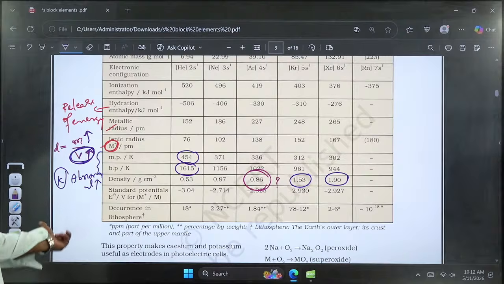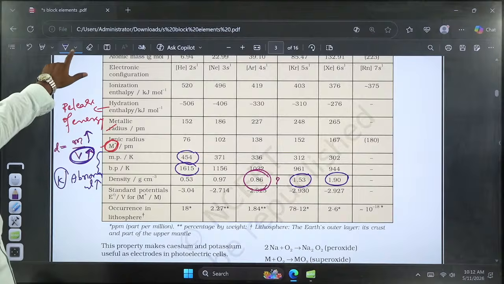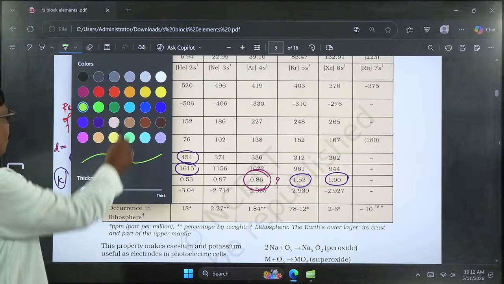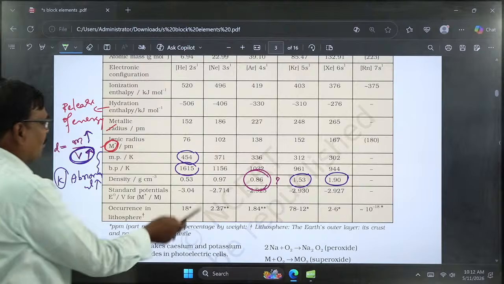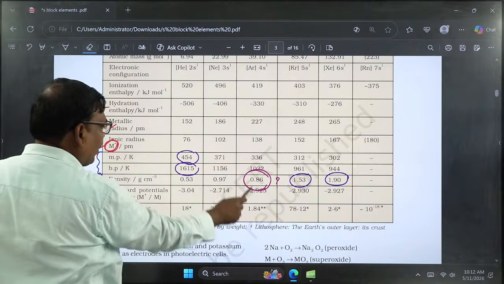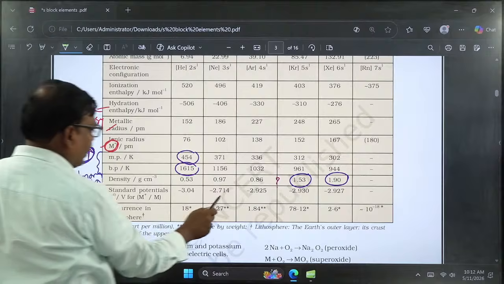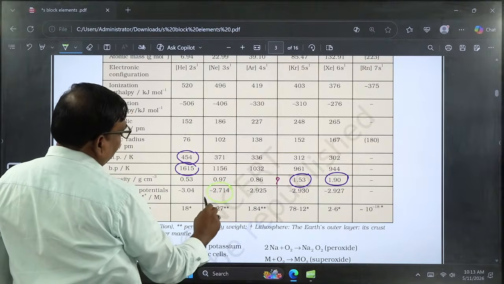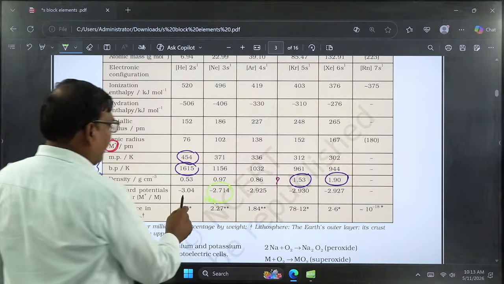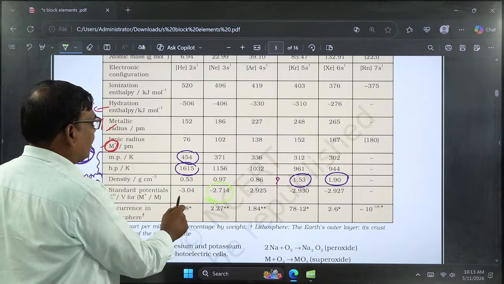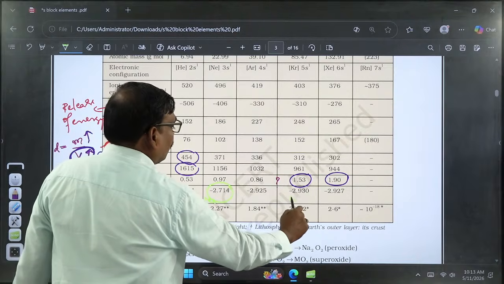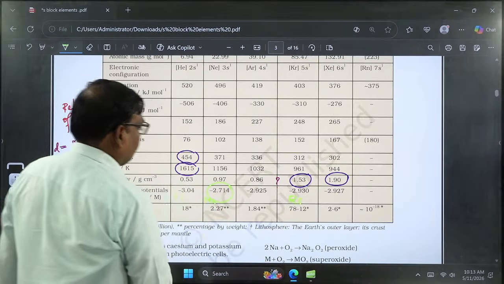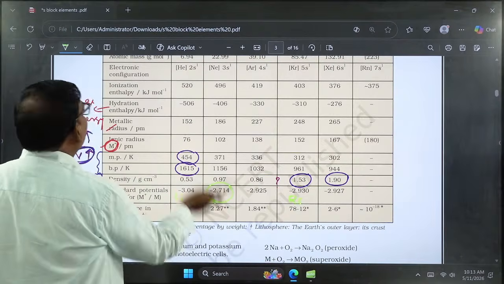the group density increases. Coming to the standard electrode potentials, here the SRP values of these group elements gradually move from more negative to less negative with some exception. That exception is identified, in which one value is 2.74, sodium. So the highest reducing power can be exhibited by lithium, then lithium after rubidium, and the least one is sodium.